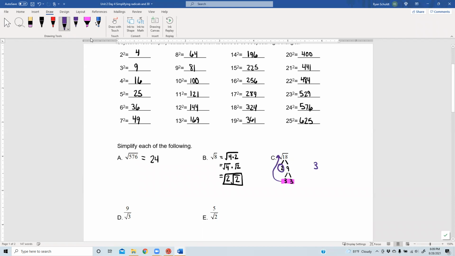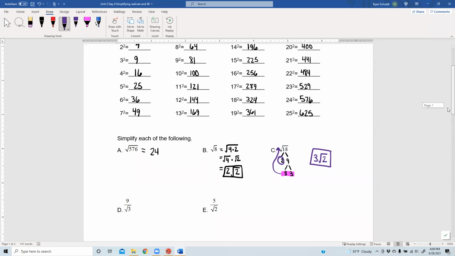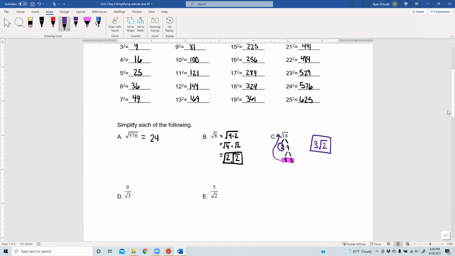This is going to be 3 square roots of 2. Couples go out on a date and become one. The single stays home. I guess I should box him in because that's really it.